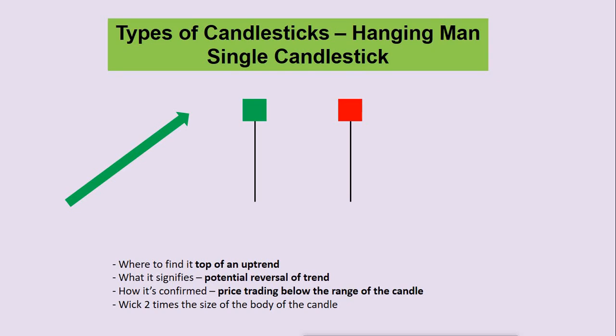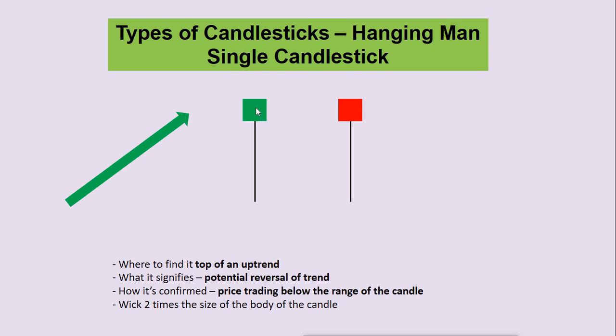Well, consider that the buyers have been pushing the price of a share upwards in a trend. Now suddenly you reach a point whereby the price has moved up in the case of a green hanging man. However, you can see that the sellers or the bears pushed the price down all the way to the end point of the week.